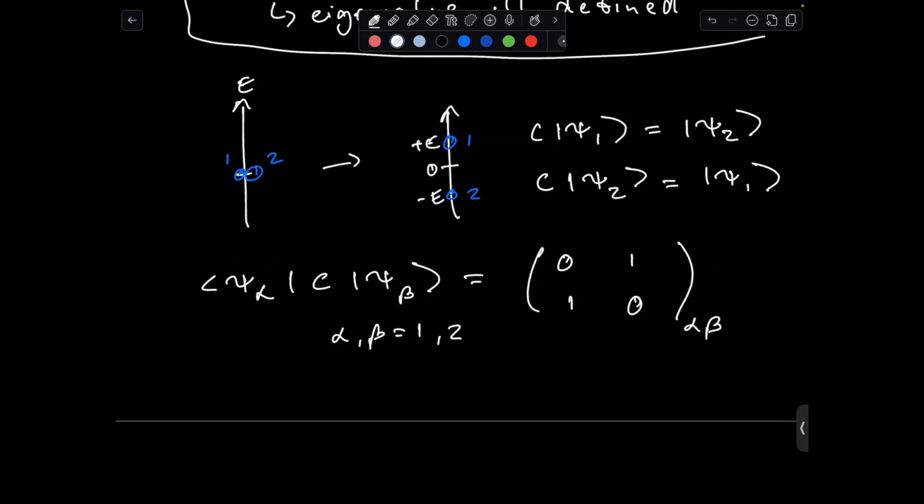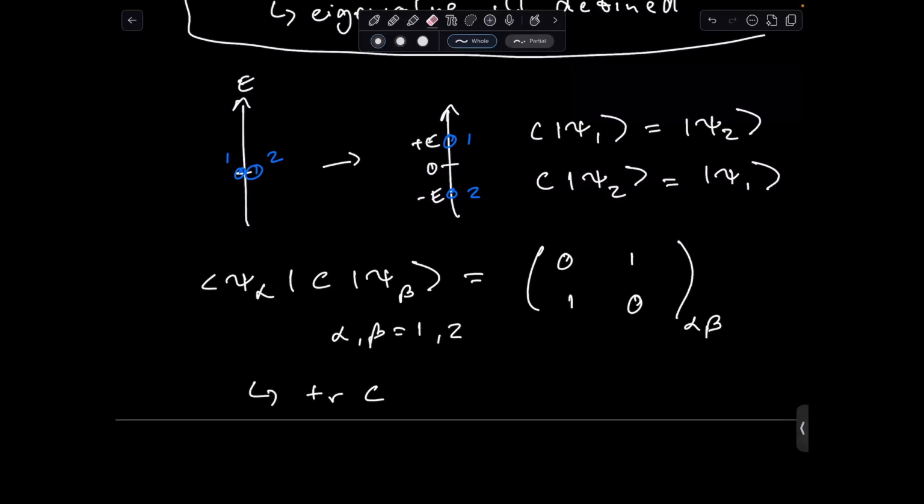So in that situation, C acts like a swap transformation. And that means that the trace of C in the zero energy subspace, so I should technically write something like trace over 0, but I'll write it like this, of C is equal to 0.